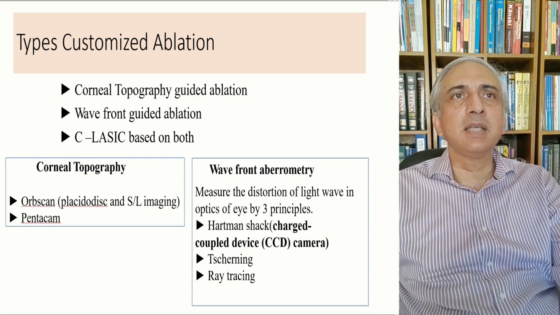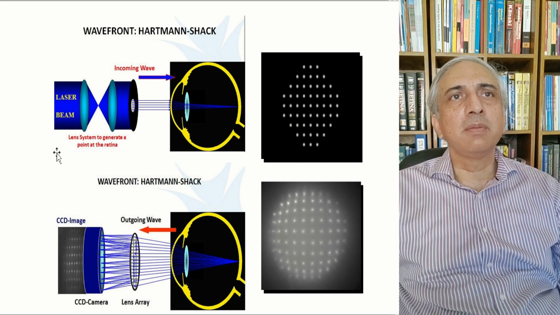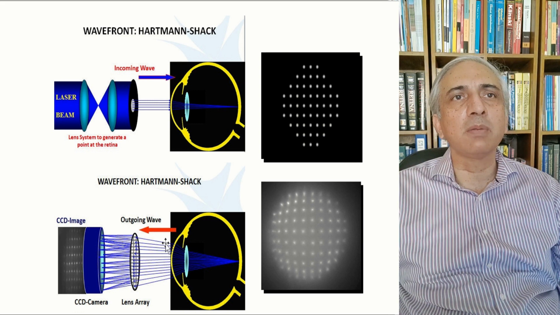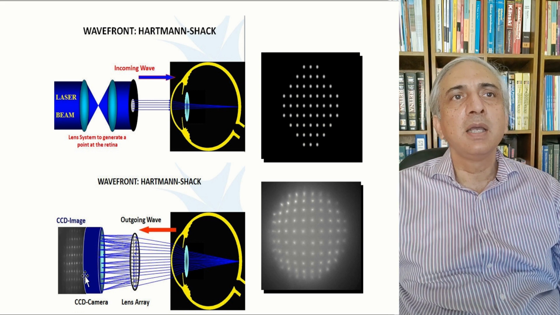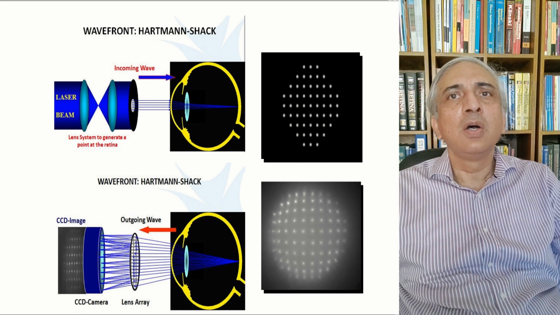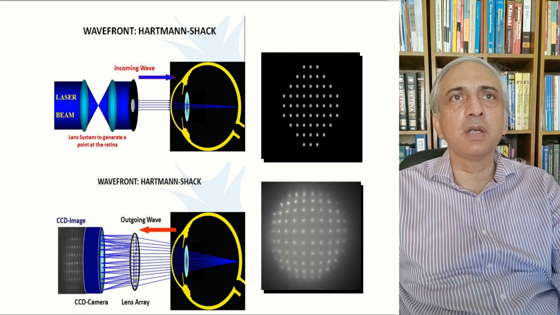So C-LASIK, this is what we are talking about. This is a laser beam which is the incoming wave and which goes into the eye, and then it analyzes the light coming out. Incoming and outgoing waves are analyzed, and the difference is created. Here you can see the difference, and that tells you what type of higher order aberrations are present. This is the Wavefront Hartmann-Shack principle.